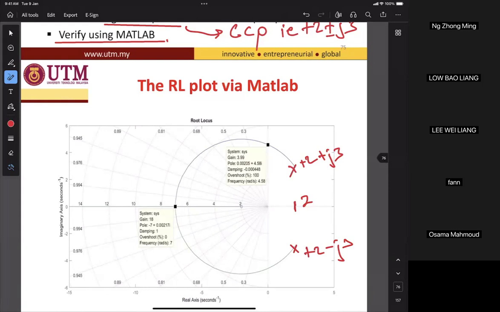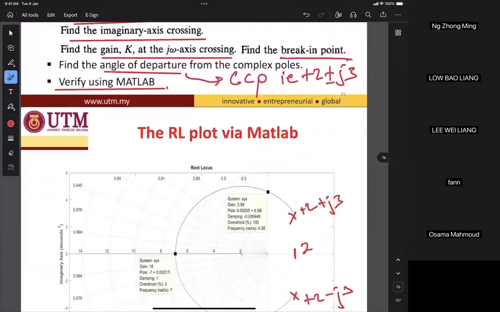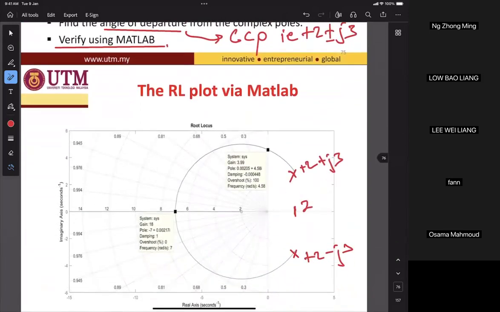And then the other one is -2, which is the zero. So the plotting starts from here, the poles.